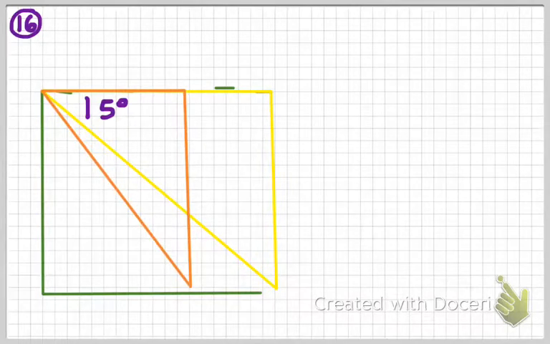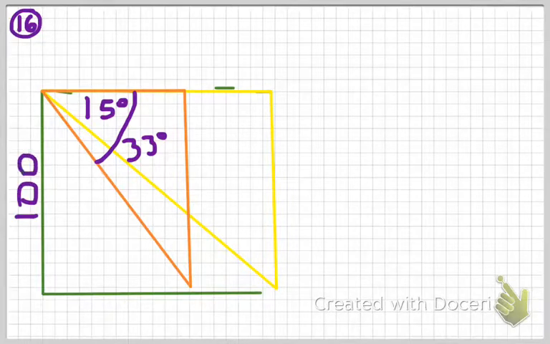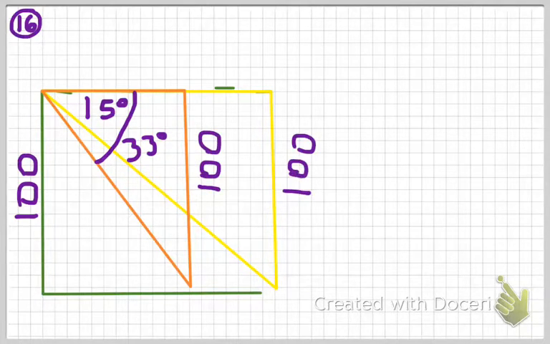Not very well drawn to scale, but you get the idea here that now this angle inside the orange triangle is 33 degrees. Well, he's on top of a 100-foot building. Apparently I like problems with 100 in them today. Maybe there's something to that. All right, so he's on top of a 100-foot building, so that means that each of these triangles also has that measurement on their vertical leg. So there's the picture.